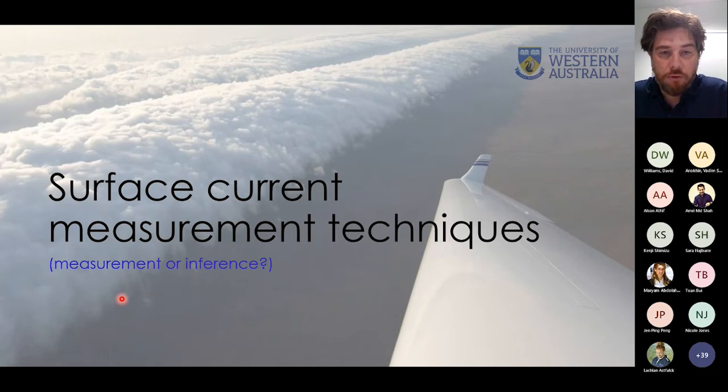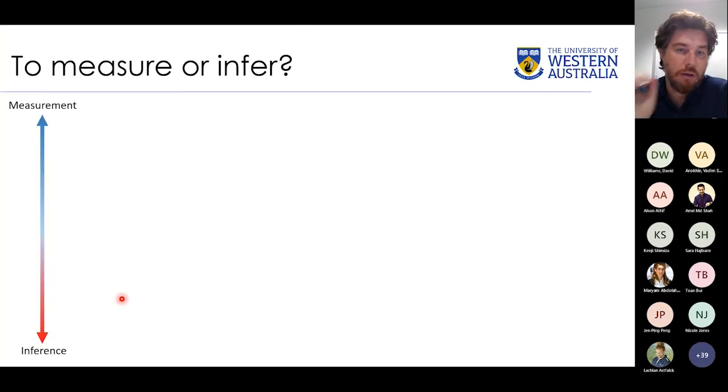So now I'll move into an overview of the measurement techniques, and I'll start with this question: are we measuring or are we inferring surface currents? And there's a bit of a spectrum here between what is measurement and what is modelled, I guess.